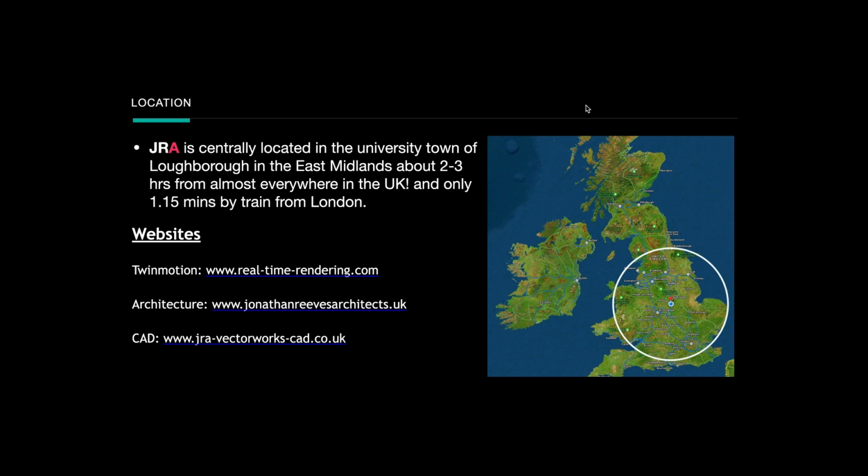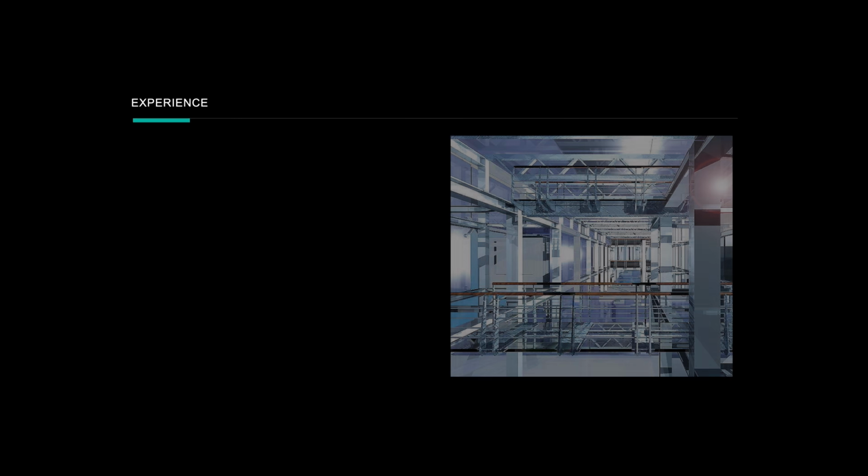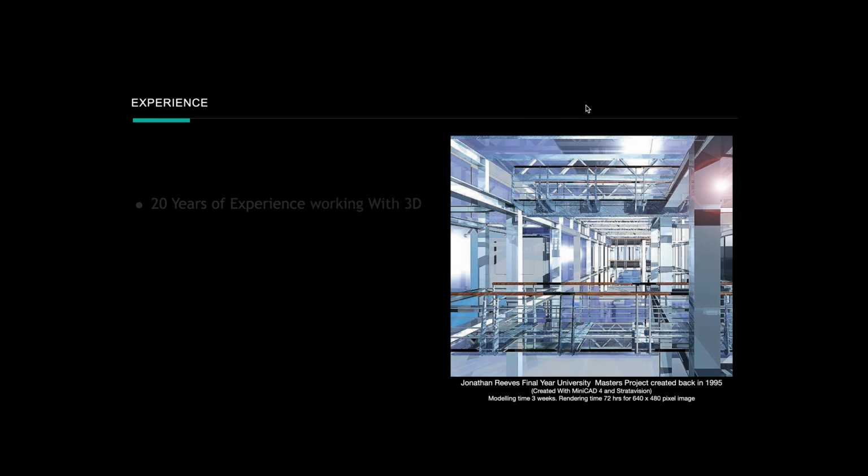Excellent. Okay, so in terms of experience, I've been using Vectorworks for over 20 years myself and Twinmotion since it came out on the Mac. But I like to kind of just remind myself of where I started. This was an image that I created as a master's student back at Sheffield University, believe it or not, in 1995.